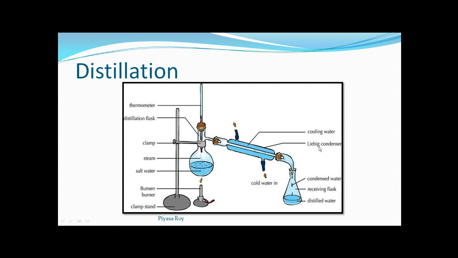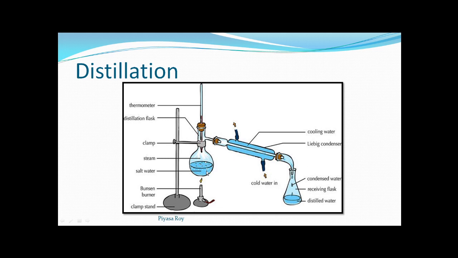This is called the Liebig condenser, and here it will condense. The water vapor will cool down, it will condense and convert to water again, and that can be collected in this conical flask.